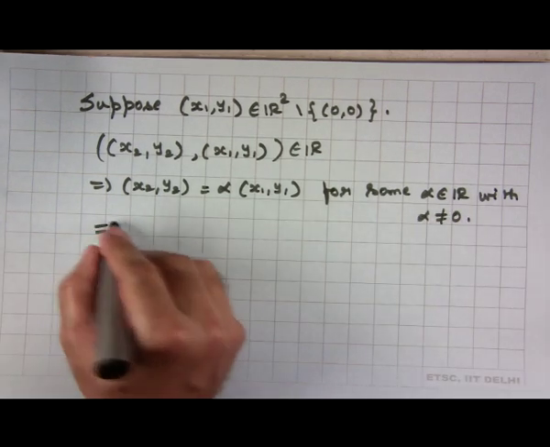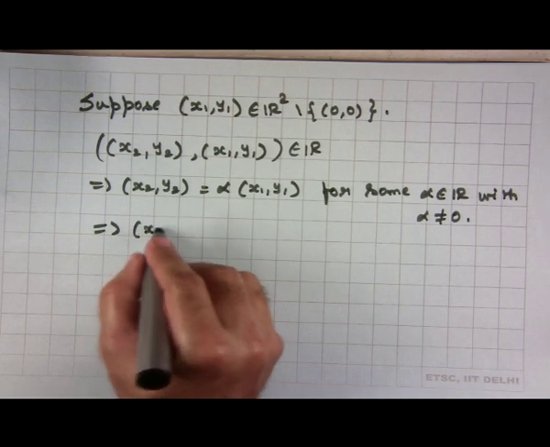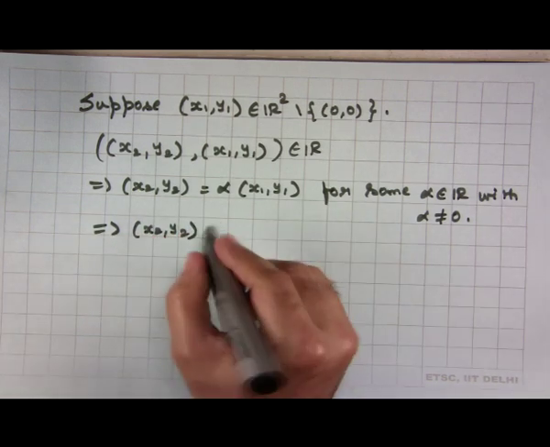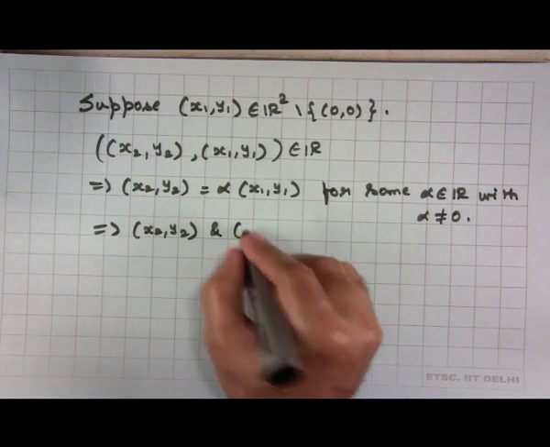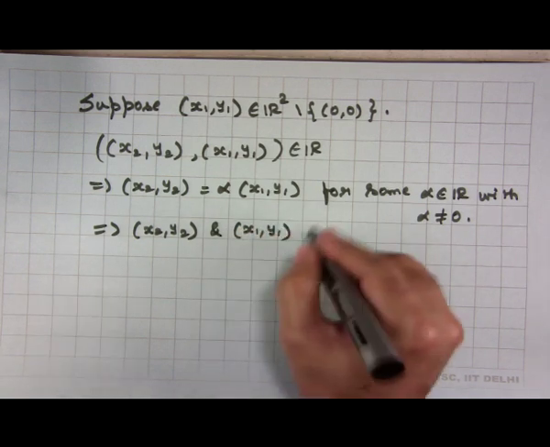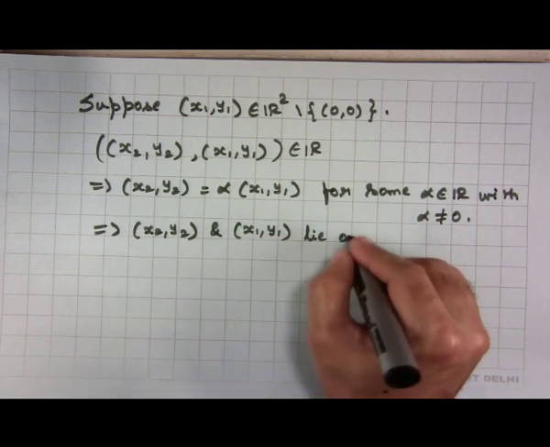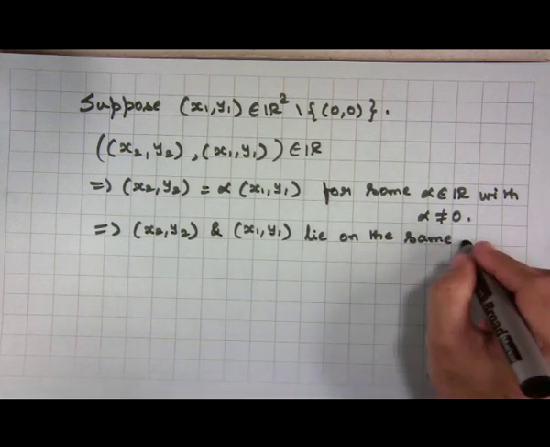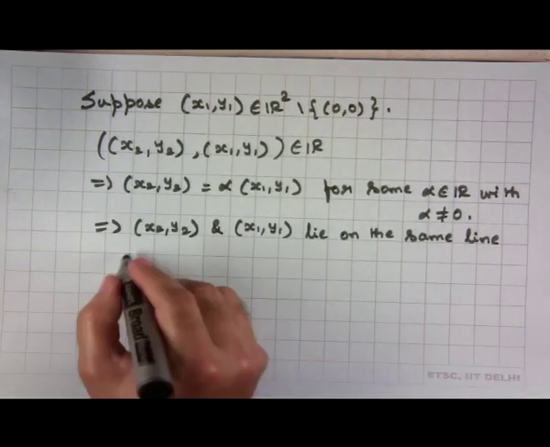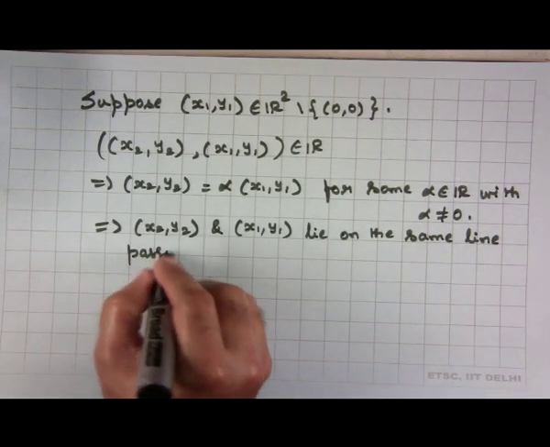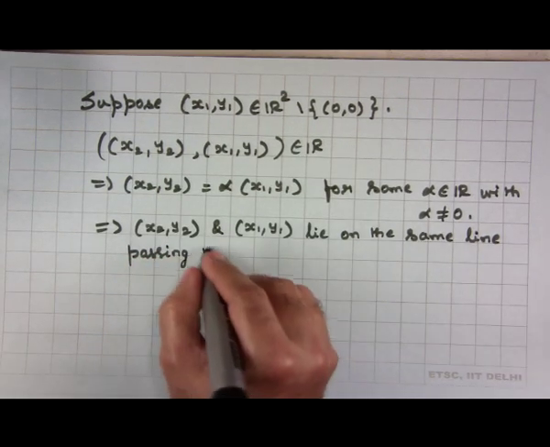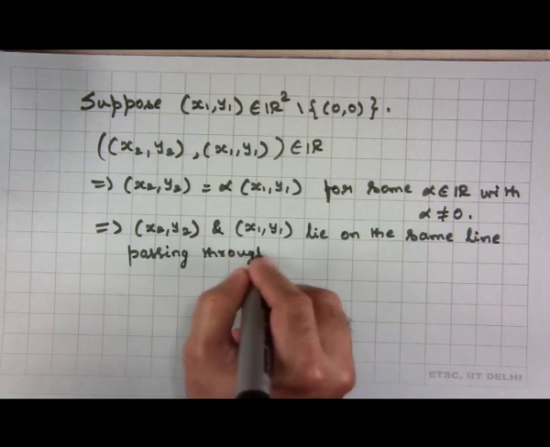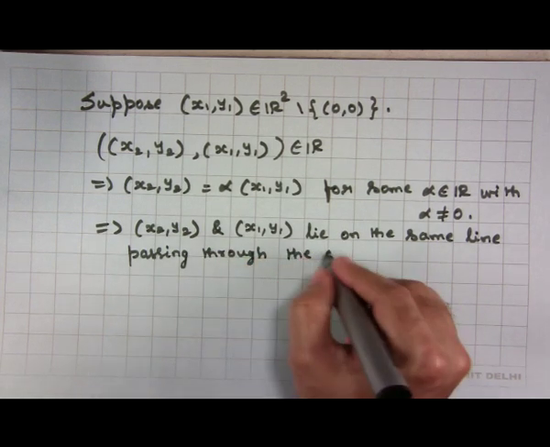That means (x2, y2) and (x1, y1) lie on the same line passing through the origin.